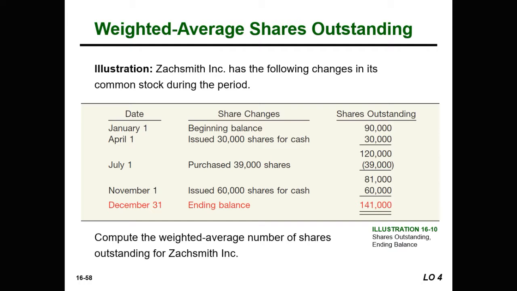They repurchased into treasury stock 39,000 shares, leaving 81,000 outstanding, and then issued another 60,000 shares for cash. This gave them a balance of 141,000 shares. We're going to compute the weighted average number of shares outstanding for Zack Smith Incorporated.